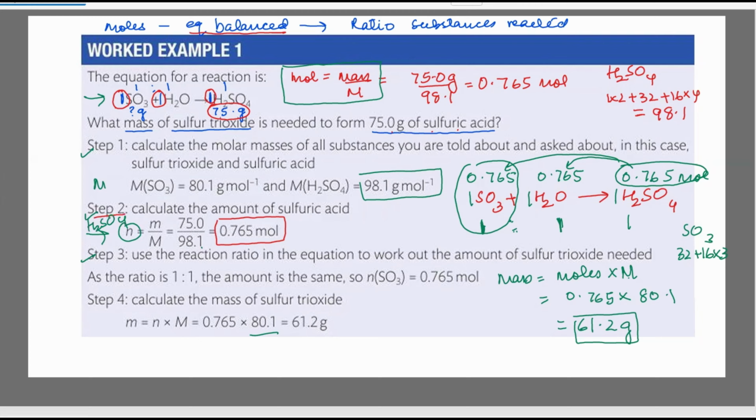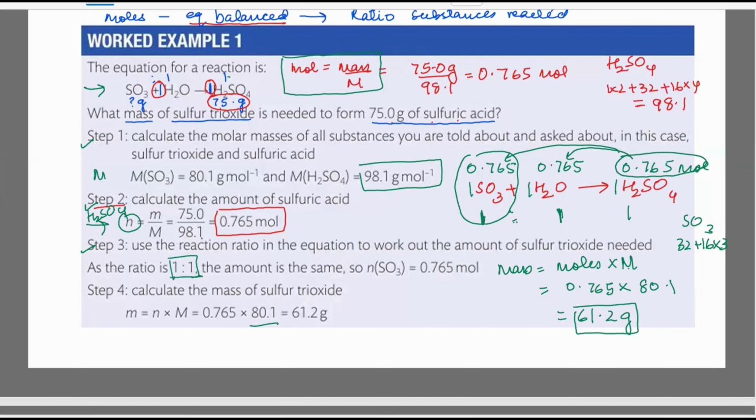Then looking at the ratio, it was 1 to 1, because the coefficient in the balanced equation was 1 for all of them. So whatever moles of sulfuric acid were formed, the same moles were there for sulfur trioxide. Taking the same moles of sulfur trioxide, we multiplied by the molar mass to get the mass of sulfur trioxide. Is it clear, beta?